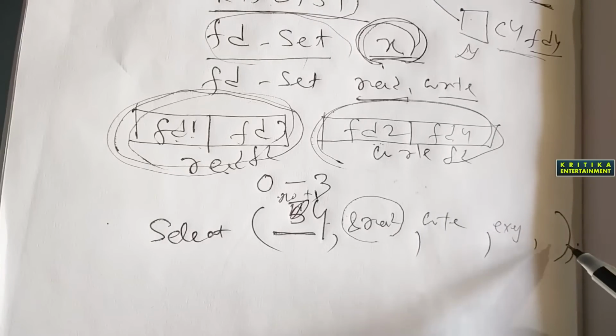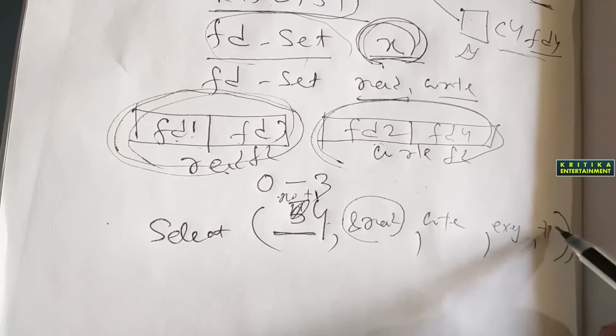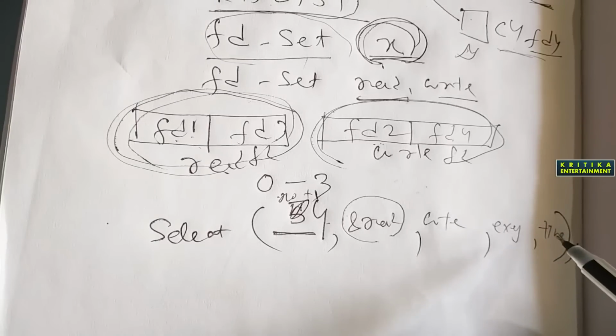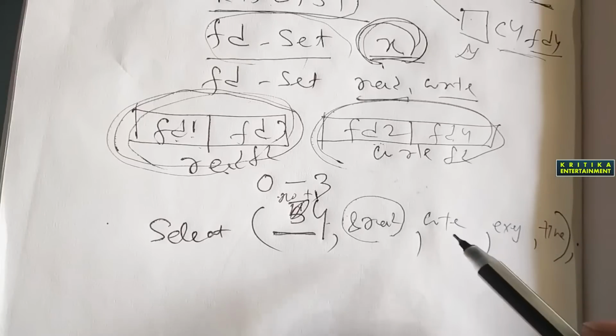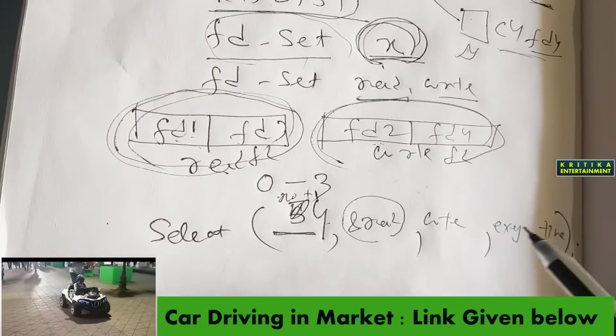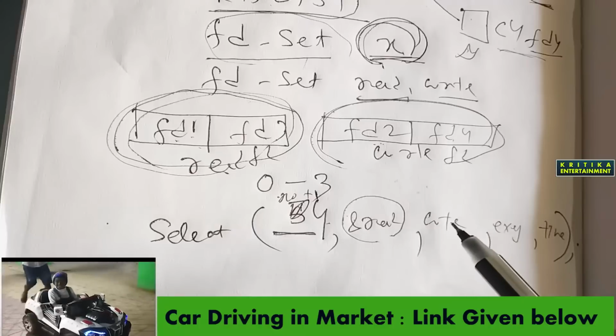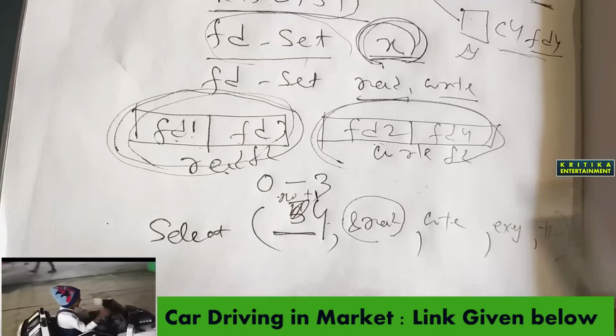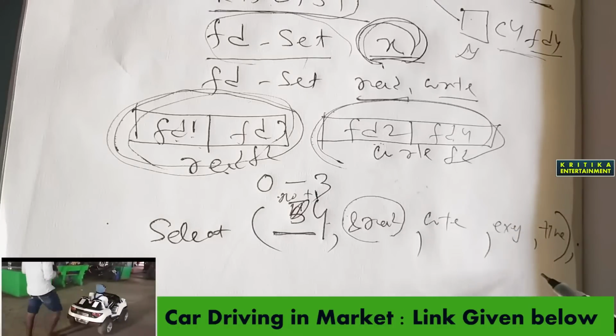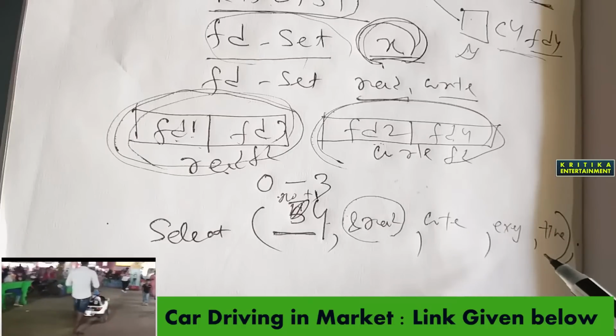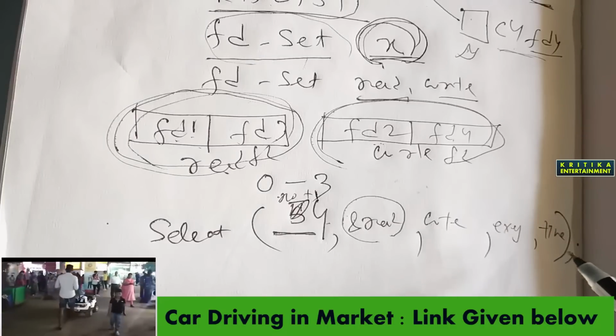And here we pass the time, which is the duration: after how much duration the select function will read the data from the FDs. These are the arguments you will pass.